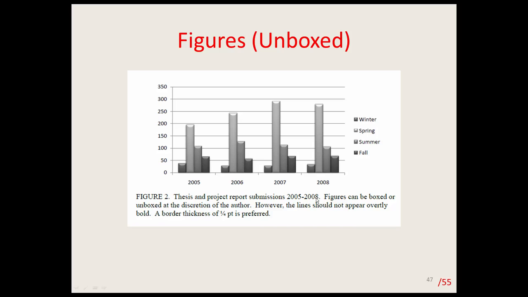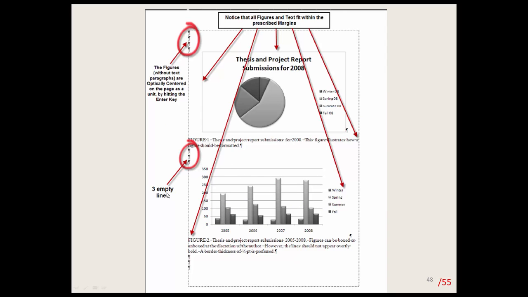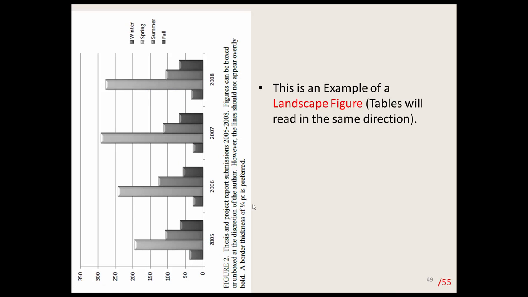But in any case, you have to have the caption and the legend for your figure. Again, you need 3 empty lines between the text and the picture, or between 2 pictures that come one after the other one. This is a landscape figure.